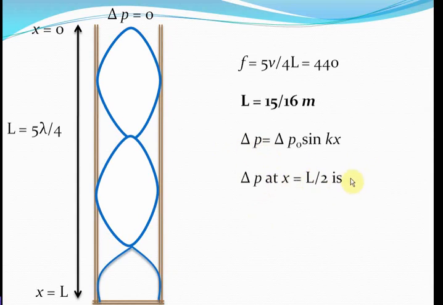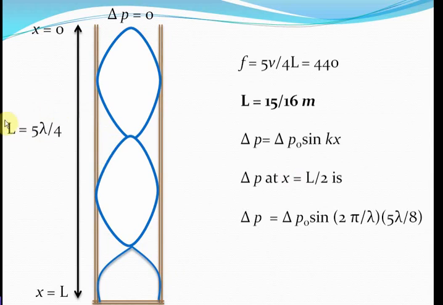We know that k is 2 pi divided by lambda. So delta P is delta P naught sine of 2 pi by lambda into 5 lambda by 8. Where did 5 lambda by 8 come from? I have substituted L by 5 lambda by 4, and when I did that, L by 2 became 5 lambda by 8.